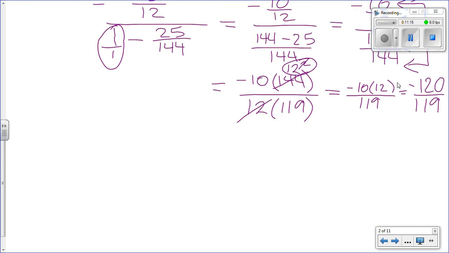So you have something like negative 10 over 12, and then here it was 1 minus 25 over 144. If you were to consider all the denominators here, the denominators are 12, 1, and 144. What would be the lowest common denominator?